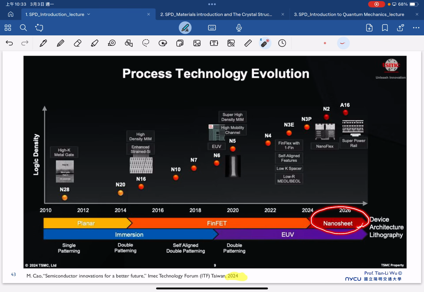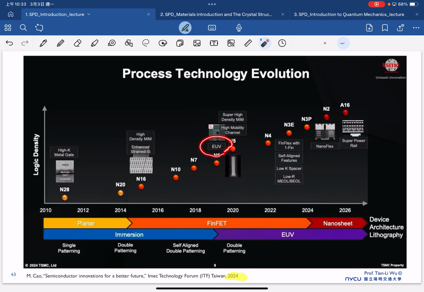And here, you can see there are many different technologies to enable our new transistor. So we have, as I said, high-K metal gate. We have strained silicon. This is something that we have also mentioned. We have the high mobility channel. We have EUV.